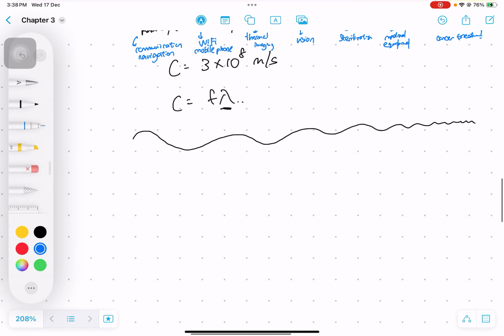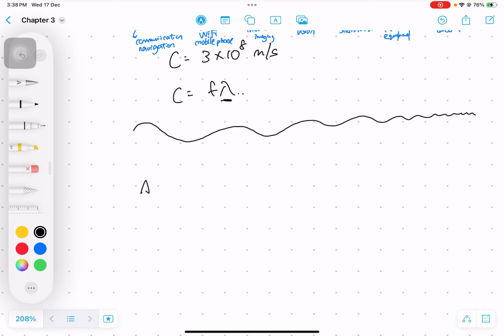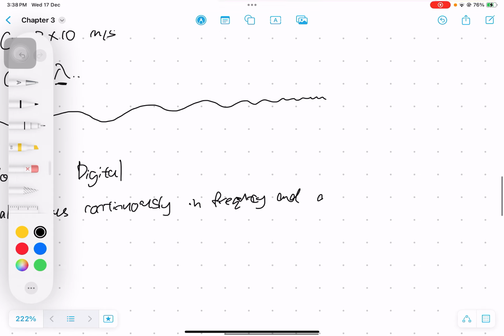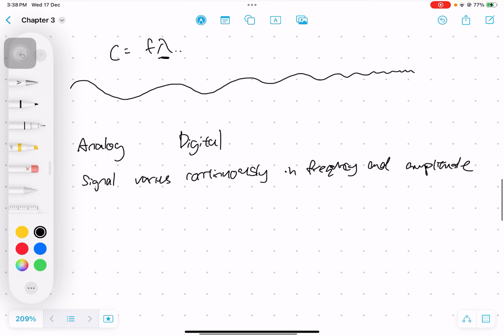Another thing is analog and digital. What's the difference between analog and digital? When we say analog, the signal varies continuously in its frequency and amplitude, meaning it varies over a range, and digital is not.